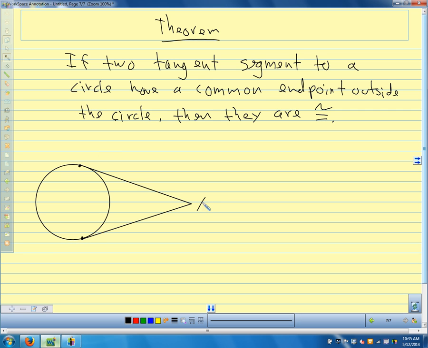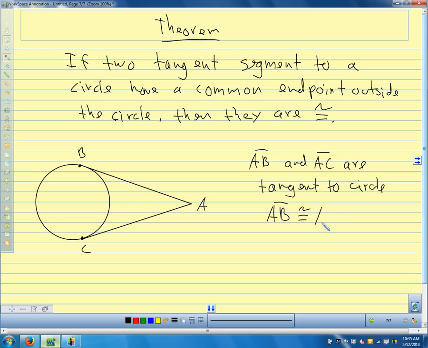And I'm going to call this A, B, and C. So what this says is that we know that segment AB and segment AC are tangent to the circle. If that's the case, then AB is congruent to AC.